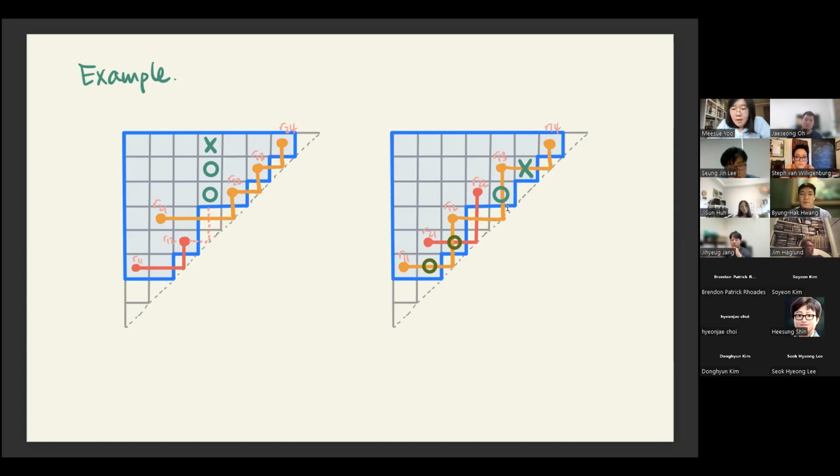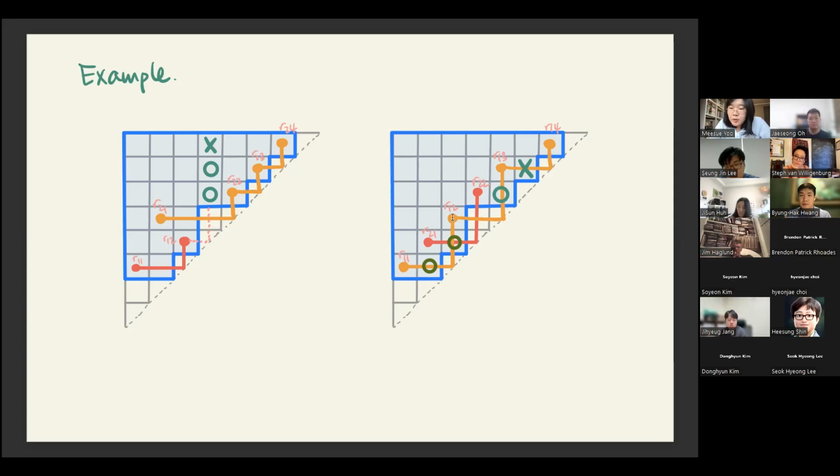And here is another, the second exceptional case example. Now R22 is supposed to cancel this cell here. But now this is the cell contained in the bounced column of R12. And since the length of R12 is 2 and the length of R22 is 2, they are the same. So this is not cancelled.